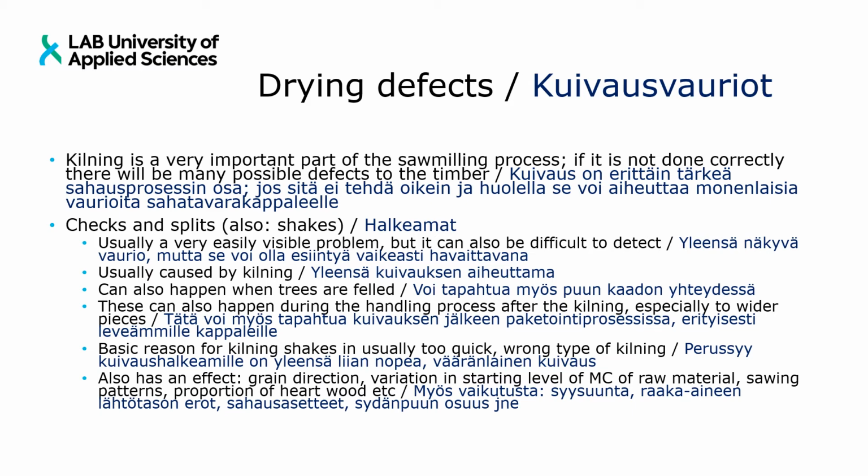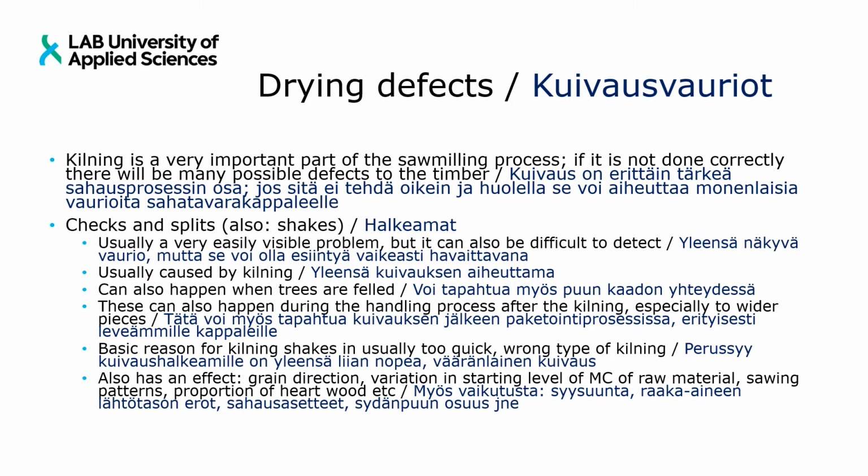Usually, shakes and splits are caused by kilning, but it can also happen in the forest, when the trees are felled. For instance, you have a big tree, you are in midwinter, it's more brittle, and you fell the tree, so when it hits the ground, there could be damage to the fibers. It can also happen after the kilning process, when the goods are being handled, when, for instance, in the packaging plant, the pieces are being dropped before they are put on the conveyor, before they are being packaged.